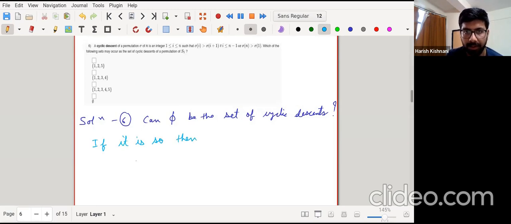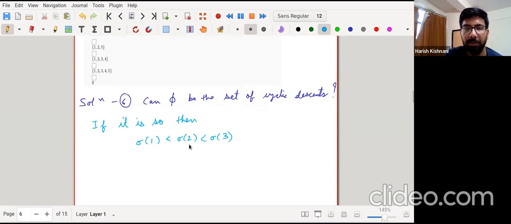Sigma of 1 cannot be greater than sigma of 2, right? Otherwise 1 will be a descent. Sigma of 2 cannot be greater than sigma of 3. And anyway, their images cannot be equal because sigma is a bijection, right? So if it is not greater than, then it has to be less than. So sigma of 3 has to be less than sigma of 4, and it has to be less than sigma of 5.